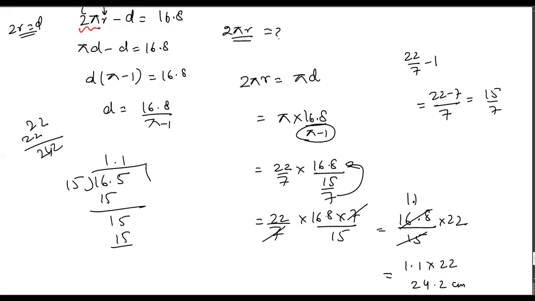So circumference, you know, is always greater than the diameter of the circle. So we write here 2 pi r, that is the circumference, minus d, the diameter of the circle, is equal to 16.8. When you multiply this r into 2, you can write it d, means it is the diameter. 2r means 2 times r means diameter.